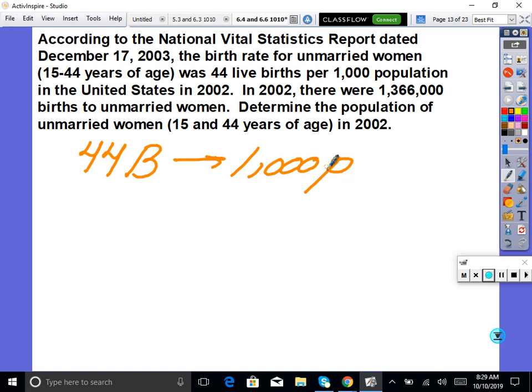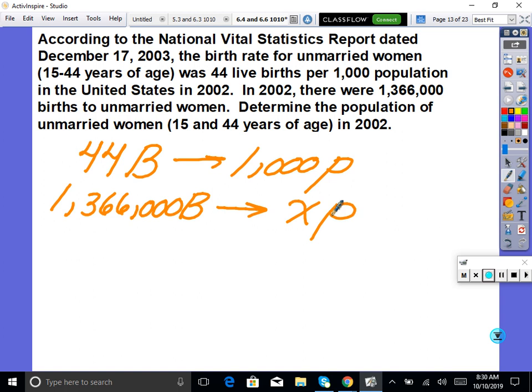It says in the United States in 2002, there were 1,366,000 births. So I'm going to line that up with births. And then it says, what is the population? So we don't know X population, right? It says, what would the population be? Do you guys see how it's corresponding?